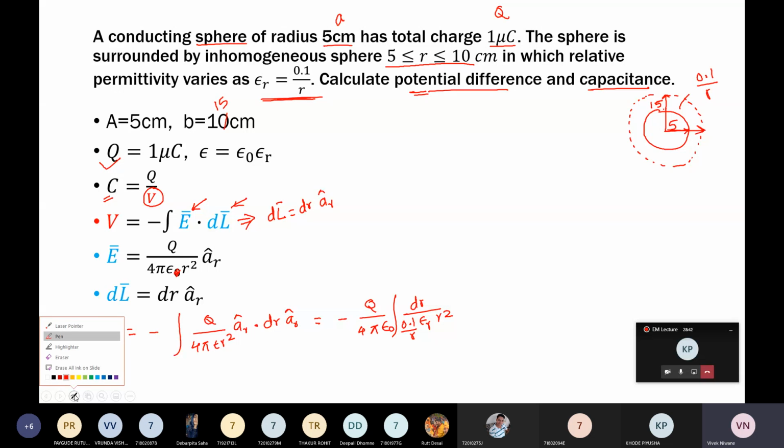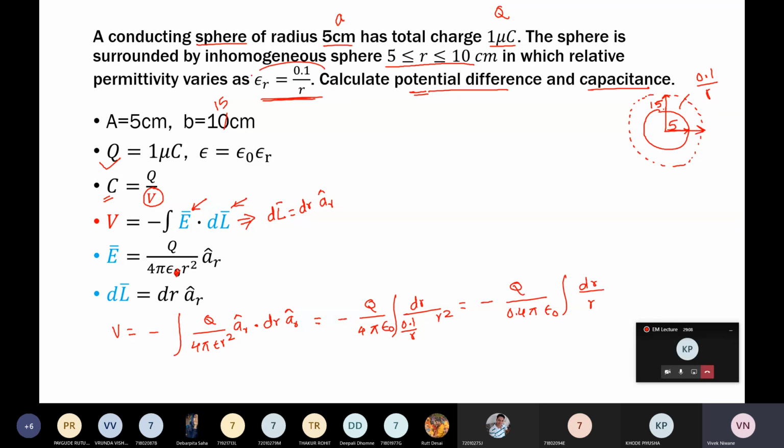We are substituting the value of epsilon r. So r and 1 upon r get cancelled out and this 0.1 comes outside the integral term. So we will have minus q upon, taking this 0.1 outside, 0.1 times 4 pi epsilon 0, dr upon r.